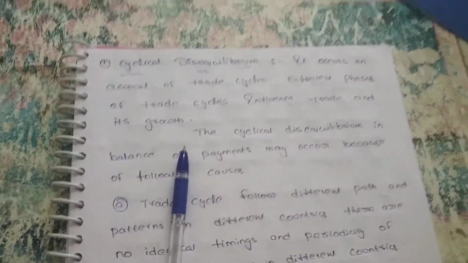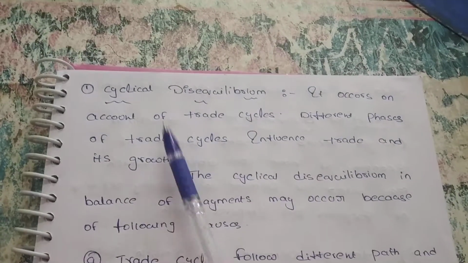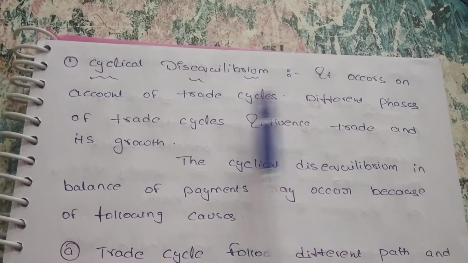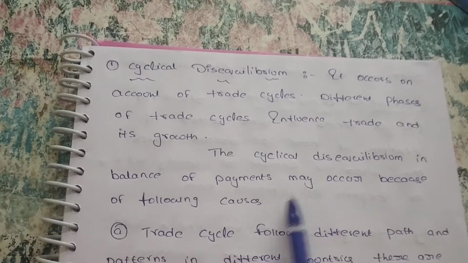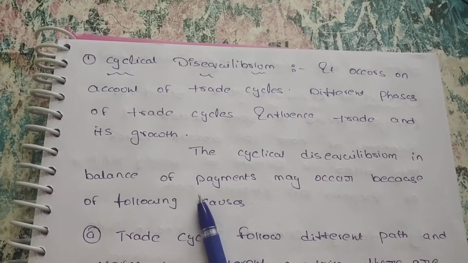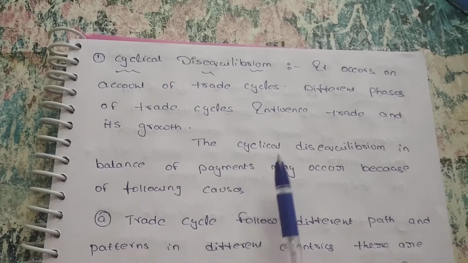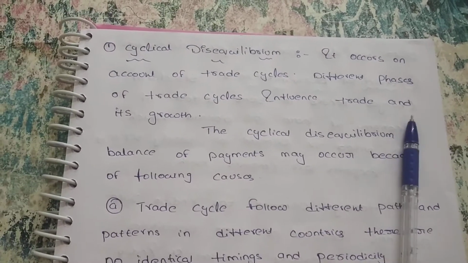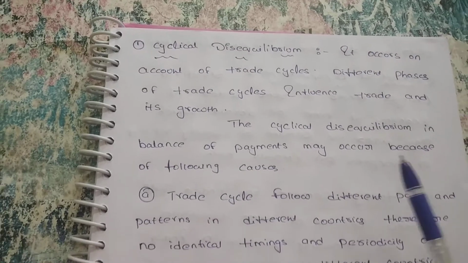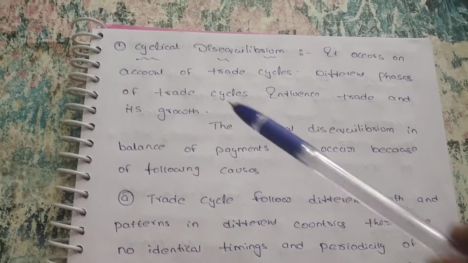Trade also has cyclical disequilibrium, and there are some reasons for it. It occurs on account of trade cycles. There is a starting stage, a growth stage, a maturity stage, and a decline stage. Again we start innovations, again we start a new product. It will be cyclical.